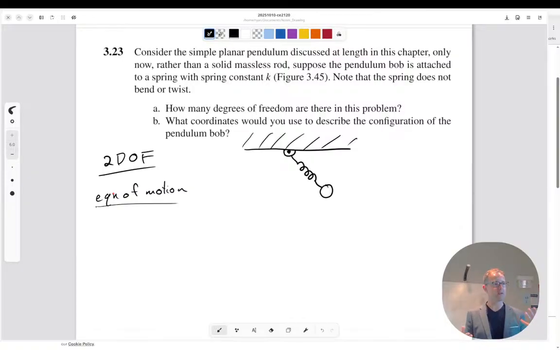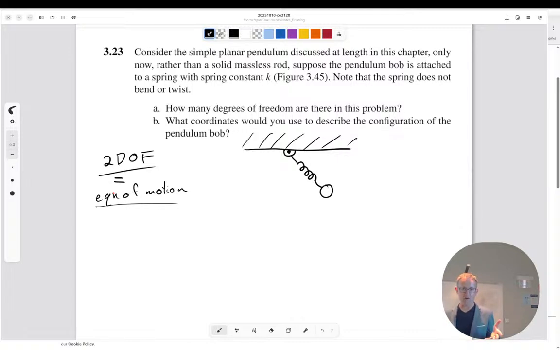If it was 3 degrees of freedom, then we need more, maybe moments or the sum of the forces in z. So the main learning point is, if you recognize there are 2 degrees of freedom, there are going to be 2 differential equations describing equations of motion, how force and motion are connected.